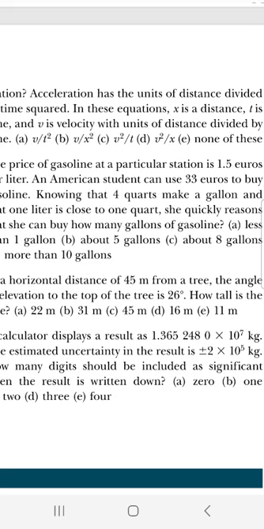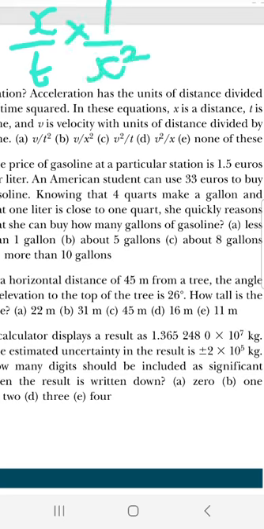Let's do option B. Again, I have v, so x divided by t, and this time it is divided by x squared, so I will have to take the reciprocal. Sorry, I made a mistake. When I'm dividing this by this, I will have to take 1 over x squared.